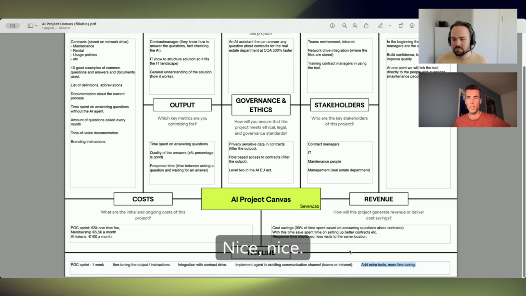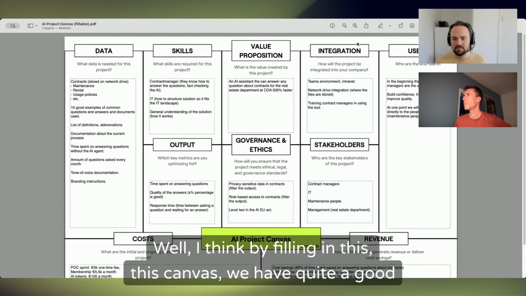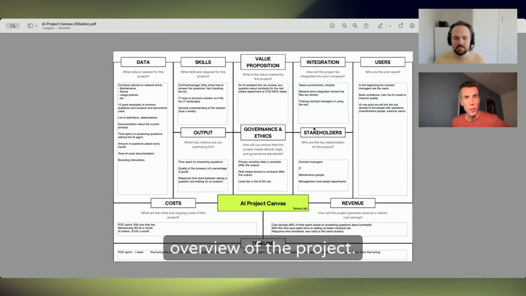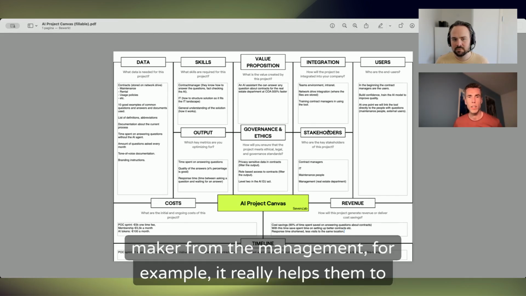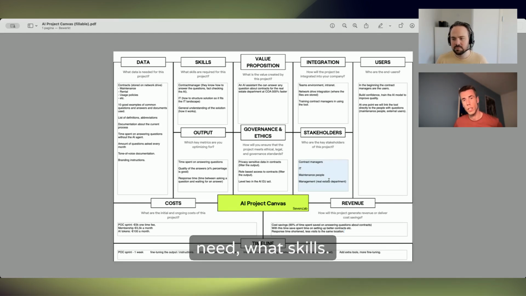Nice. Well, I think by filling in this canvas, we have quite a good overview of the project. And like we said in the beginning, if we hand this canvas to a decision maker from the management, for example, it really helps them to understand what kind of project we're talking about, what people we need, what skills.